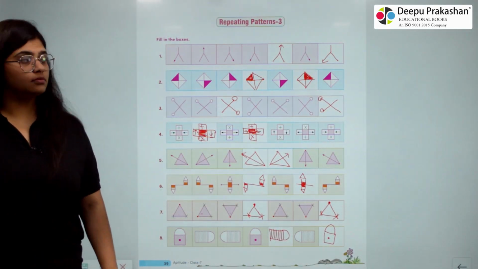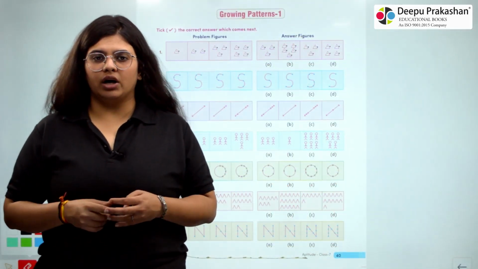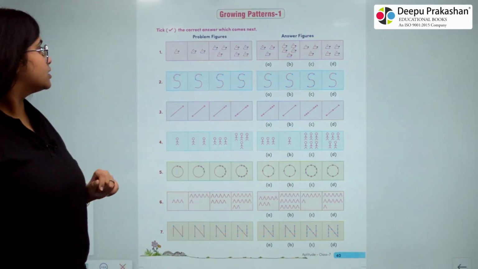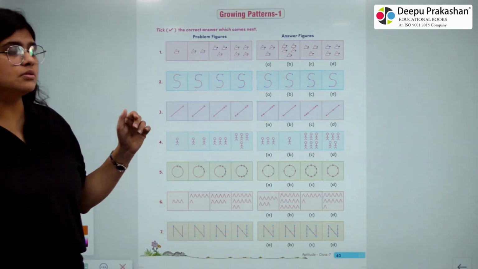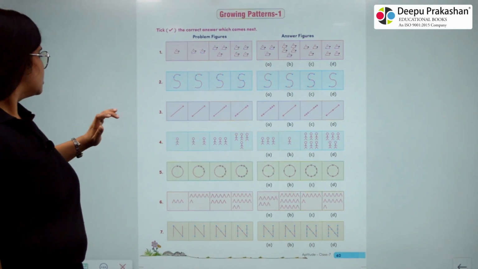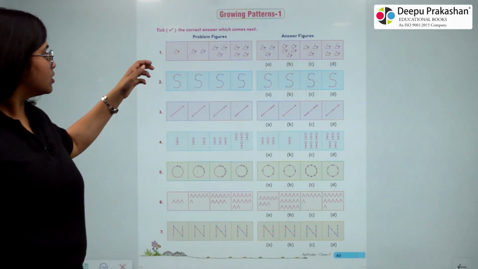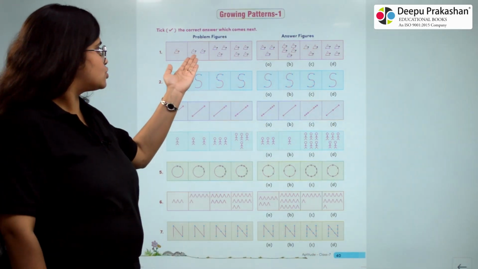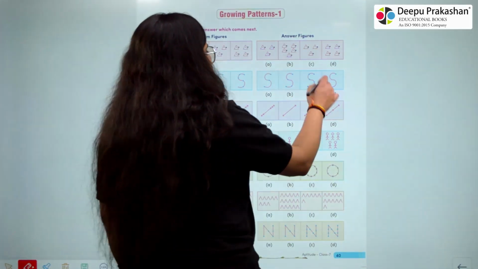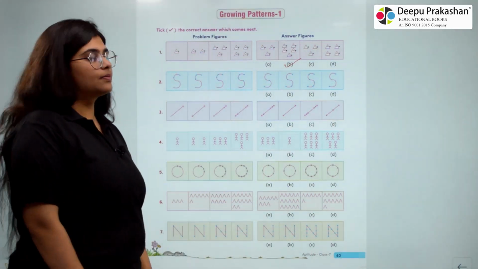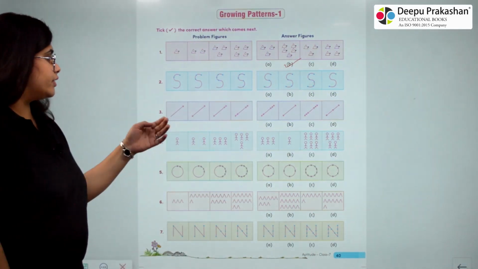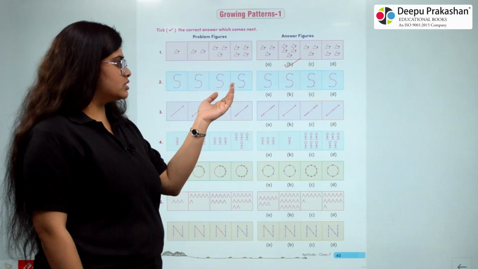Okay. Growing patterns 1. Tick the correct answer which comes next. So here the pattern is growing. 1. Here we have 1 image, 2, 3, 4. So the next one will have 5 images. 2. Here we have 2 dots, 3 dots, 4 dots, 5 dots.